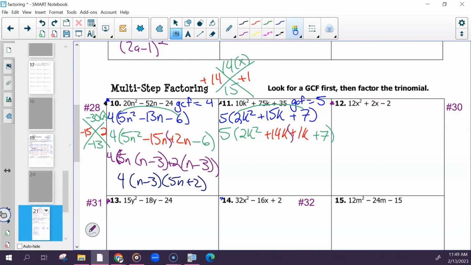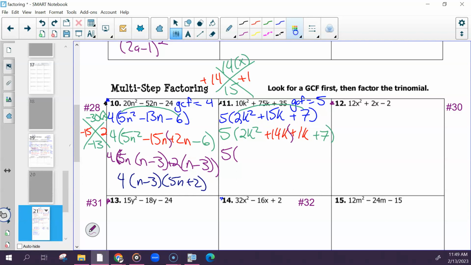Split it down the middle. Bring your GCF down again. What do those first two have in common? K squared and 14k.